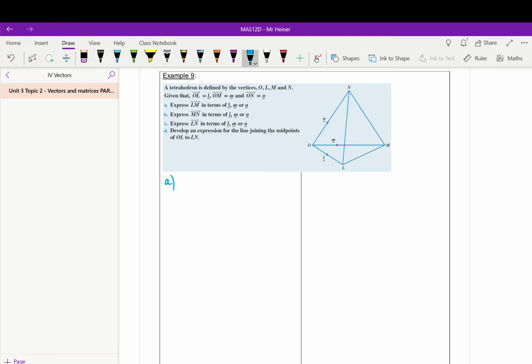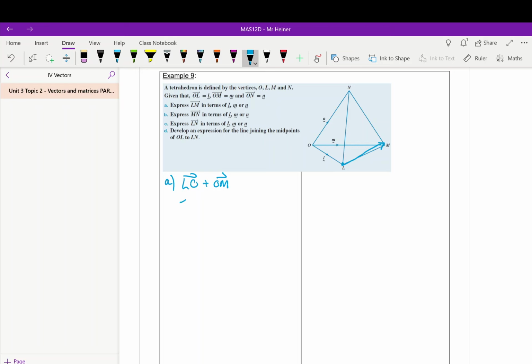So let's start here with LM. If I'm starting at this point and I want to get up to here, how am I going to do it? Well, I need to travel back through L to O, and then I need to travel from O to M. So how are these defined?